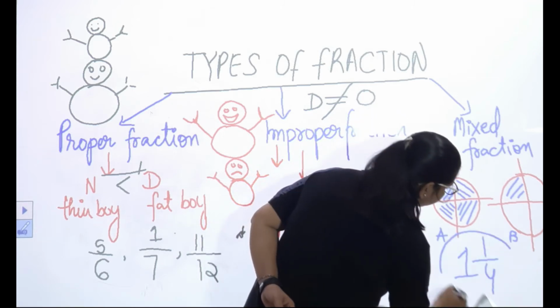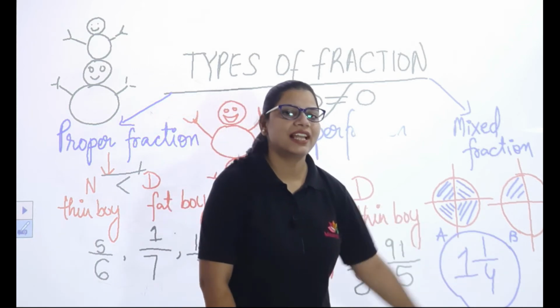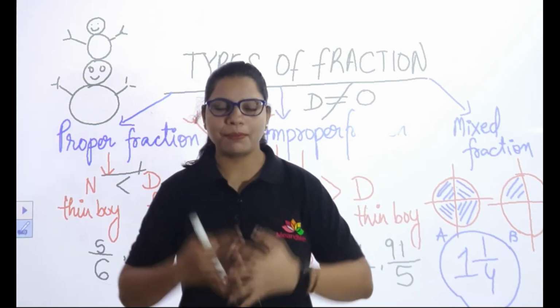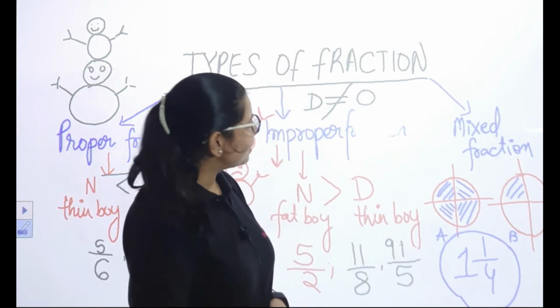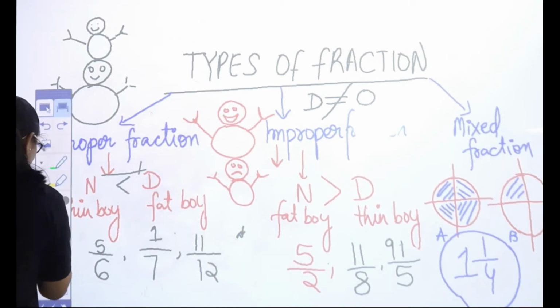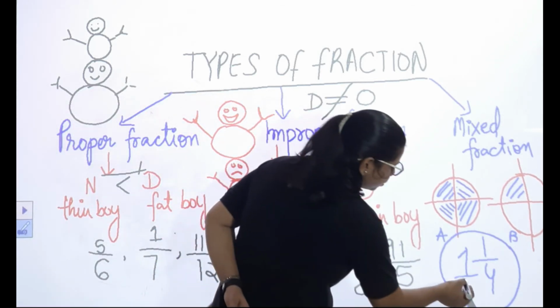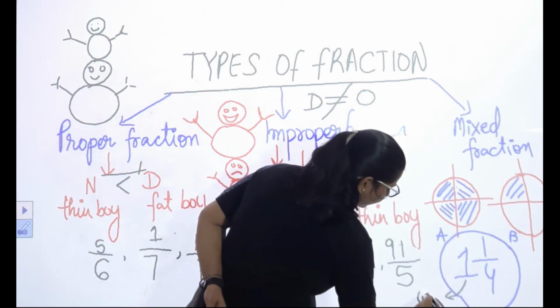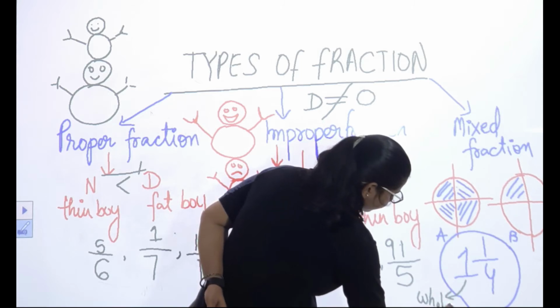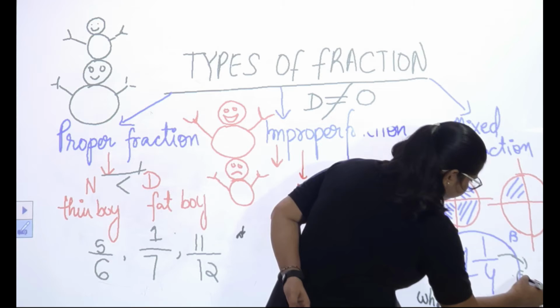1/4. So this is a mixed fraction, where whole as well as fraction come in the picture together. We call them mixed fractions. Are you understanding? So this one is whole and this 1/4 is fraction.